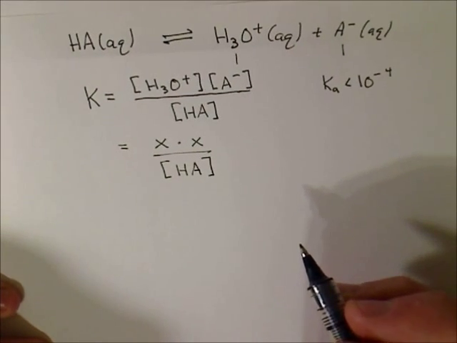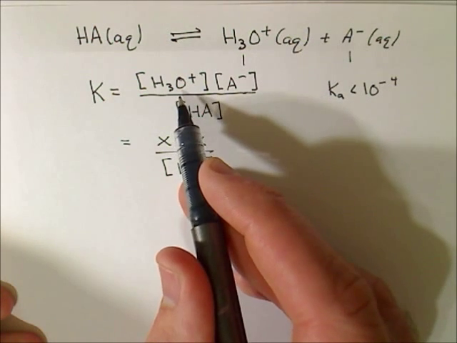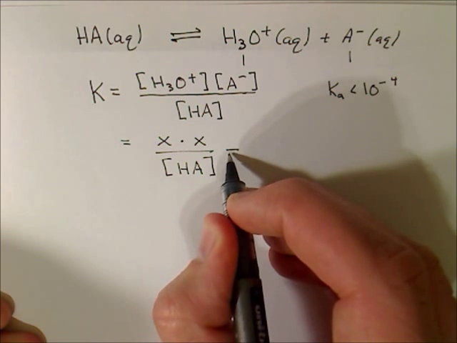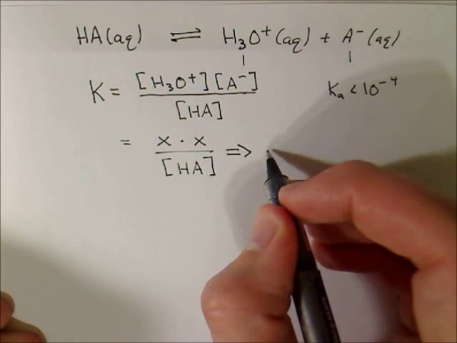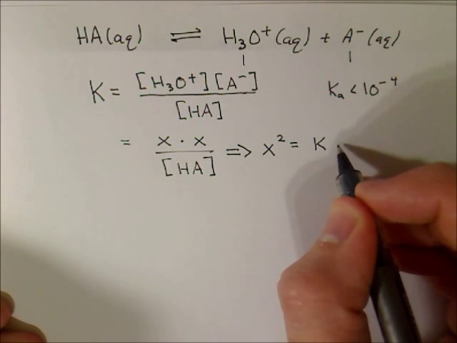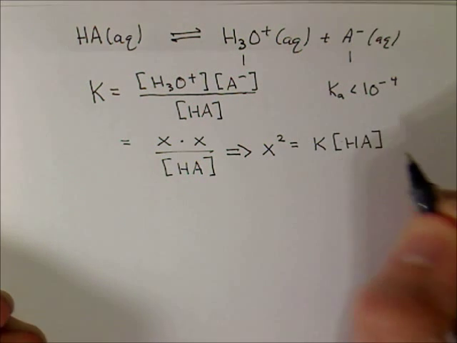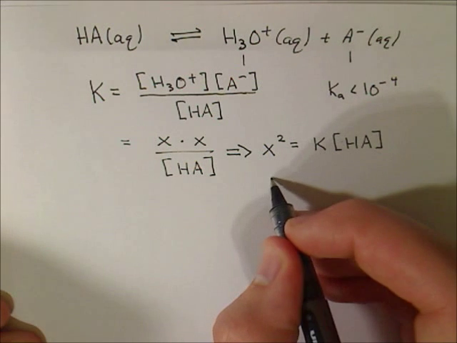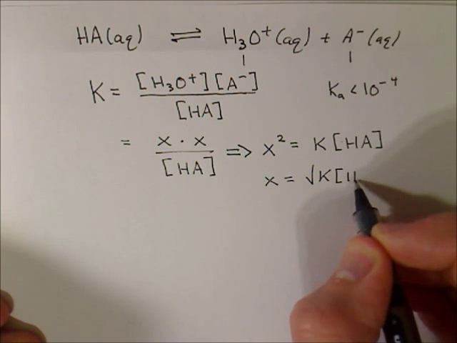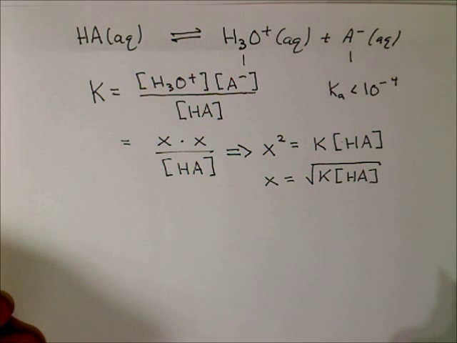Okay, so now we want to solve for the concentration of H3O plus in order to find the pH of the solution. So let's do that. And then, as we know, X just equals the square root of this stuff. So now we're ready to plug in some numbers.